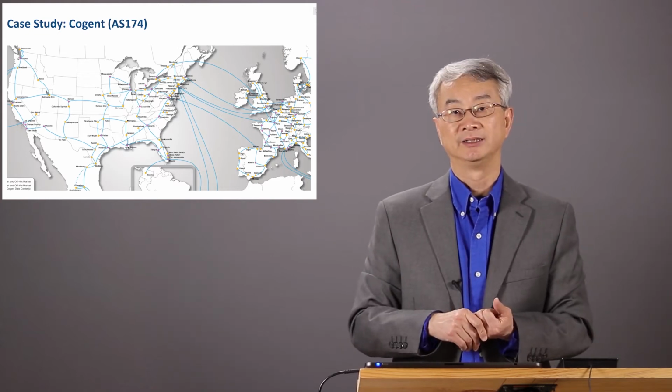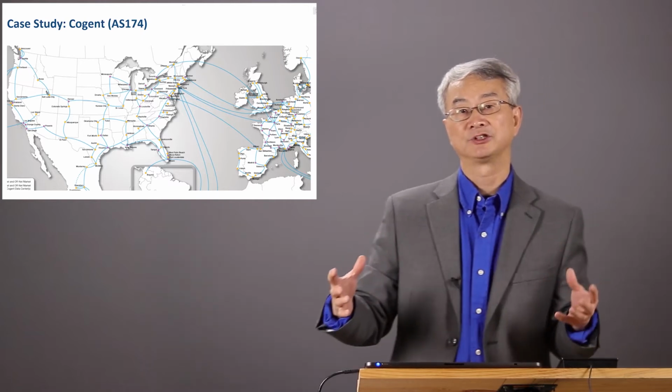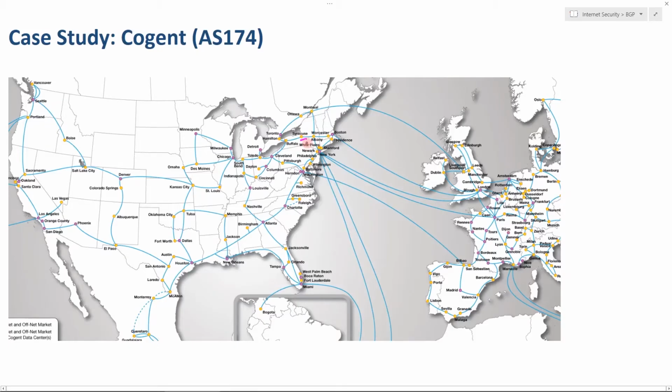This one shows you a larger one. This is Cogent. This Cogent is a national or international backbone. It covers many, many different places. And you can see it has a presence at Syracuse, and that's where my university gets connected to Cogent. But it has many, many different places here in the US and in Europe.